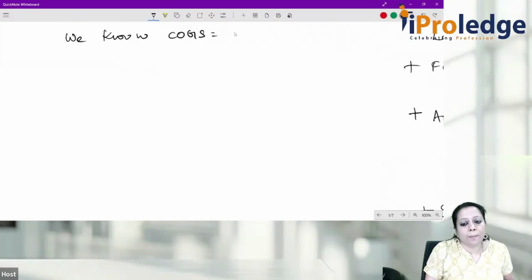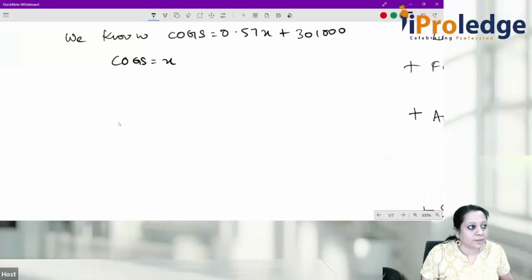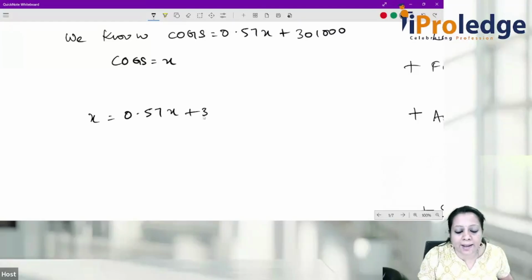Now we know COGS is equal to 0.57X plus 3 lakh 1,000. COGS is also equal to X, so can I say X is equal to 0.57X plus 3 lakh 1,000?